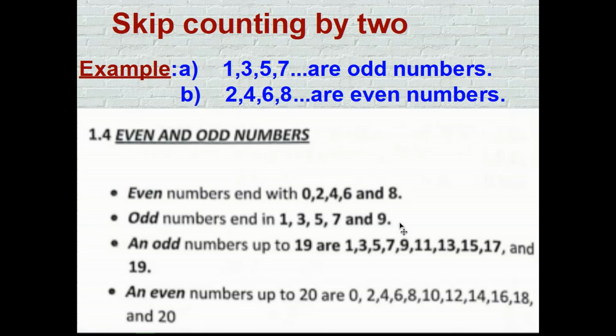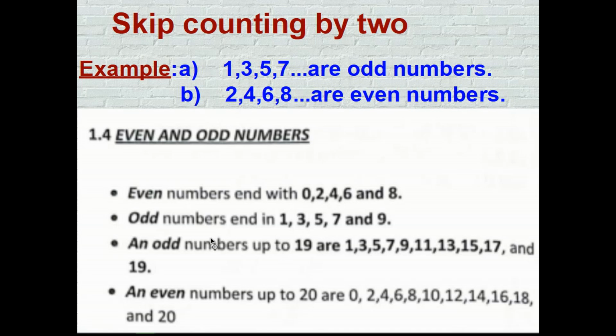Numbers that can be divisible by 2 are called even, and when you say odd, they cannot be. Say for example 1, 3, 5, 7, 9. These numbers cannot be divided by 2, or we cannot divide them evenly. But even numbers we can divide by 2, all even numbers.